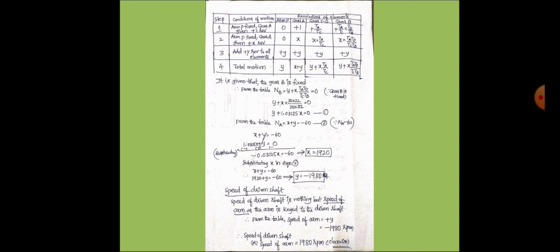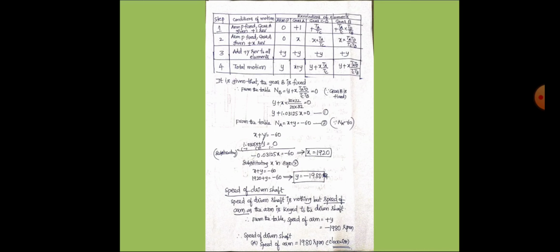Once the x and y values are known, now let us find the speed of the driven shaft. As I said already, the speed of the driven shaft is nothing but the speed of the arm, as the arm is keyed to the driven shaft. So from the table, what is the speed of the arm? That is y.